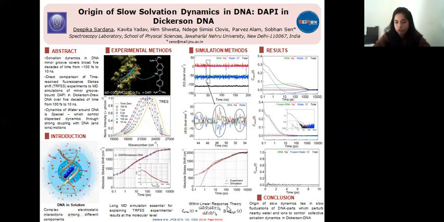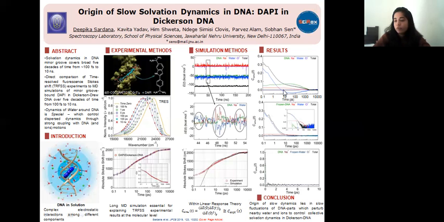But to find out the origin, we decompose this total into individual components. So this is my total correlation function, and this is the correlation function of my DNA-water, and this is the correlation function of my DNA. So what we see is that the dynamics is mainly controlled by the coupling of DNA and water.